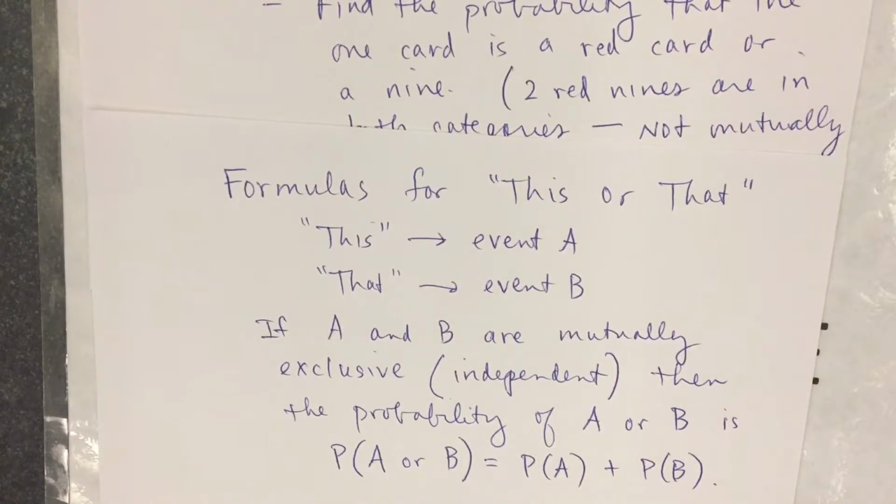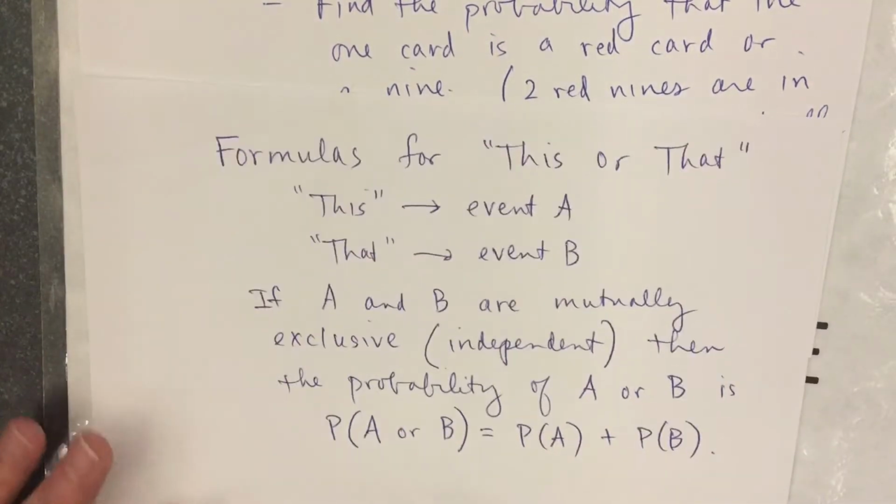Now on my problem where I said pick one card, find the probability you pick a 2 or a 3, I worked it out and just said there's 4 2s in the deck and 4 3s, so there's 8 successes, 8 over 52, reduce it, and we're done. You could do it that way.